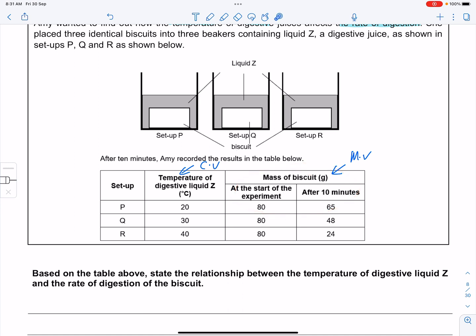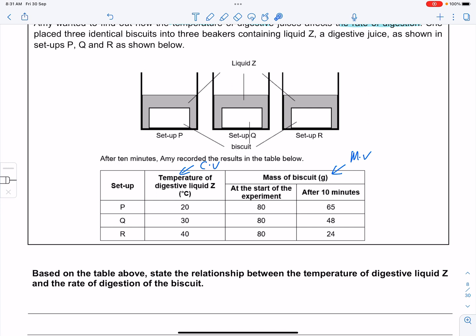You are not measuring the rate of digestion, but you are using the mass of biscuit as a proxy for rate of digestion. So the lesser the amount of biscuit left, the mass of it, the faster the rate of digestion.